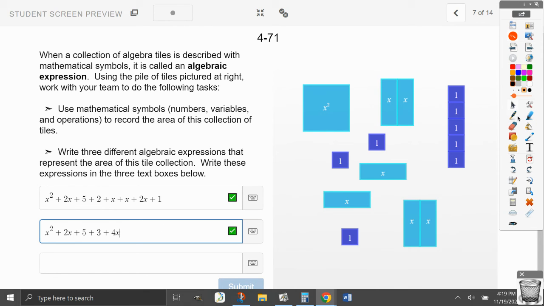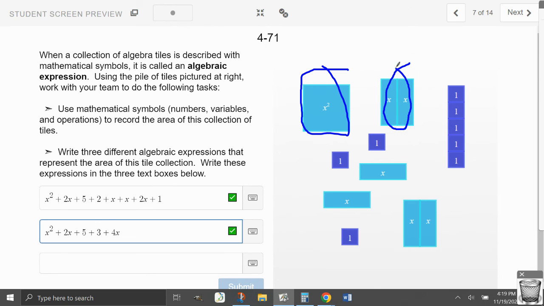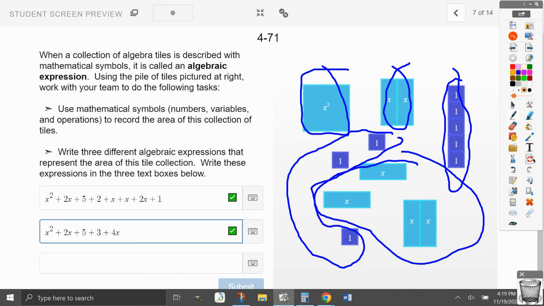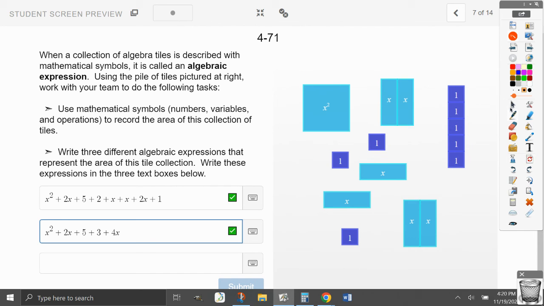In that problem, I took this part, I took these 5, I took these 3 right here, and then I took the 4 x's in my explanation. But that still doesn't seem to be the shortest way. Do you know the shortest way?